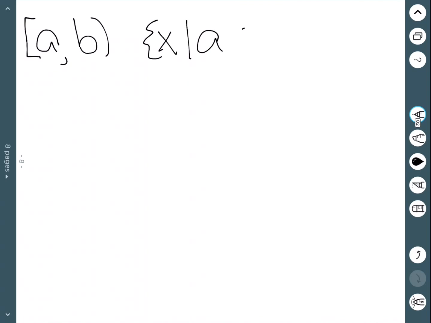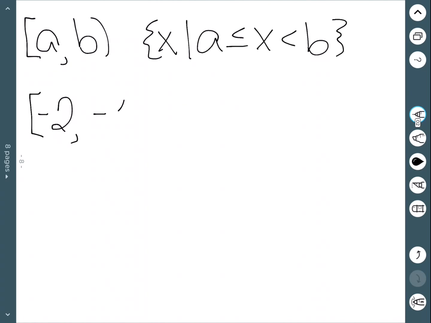The next interval would be to switch these and include a but not b. So we want all numbers greater than or equal to a but less than b. As an example, -2 to -1.